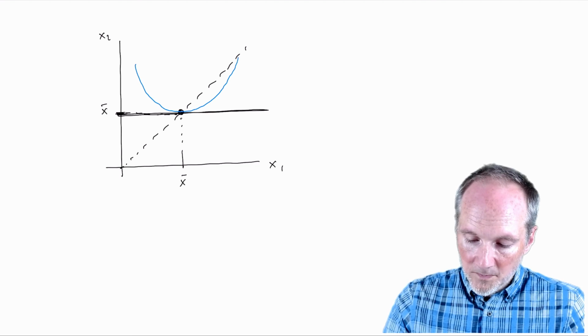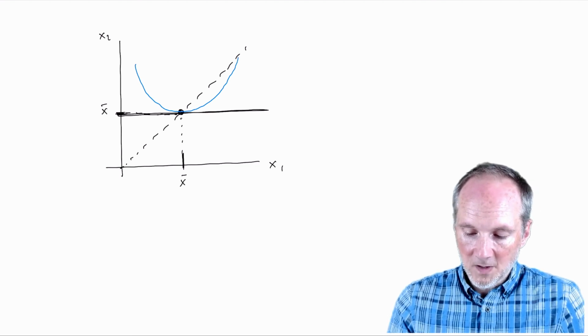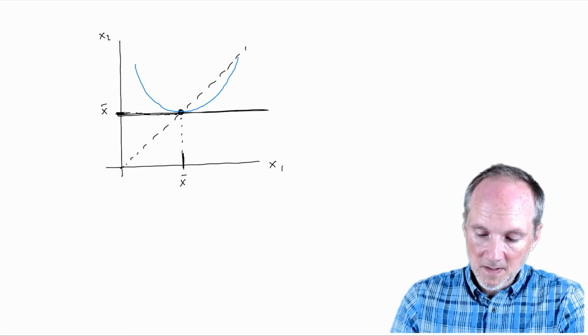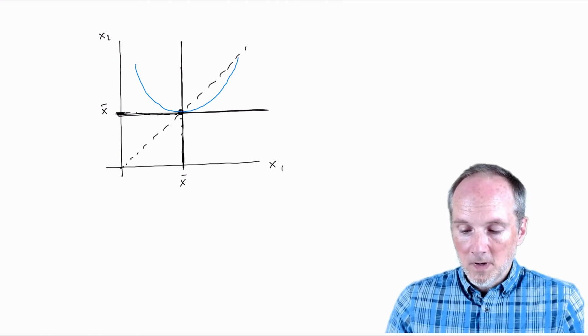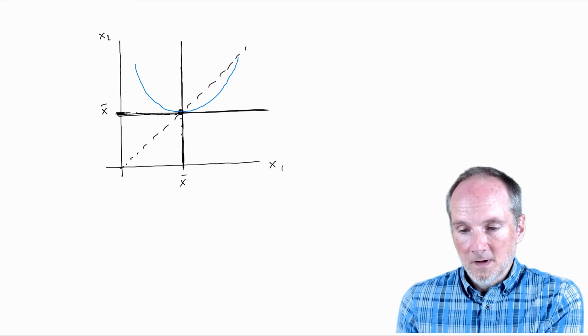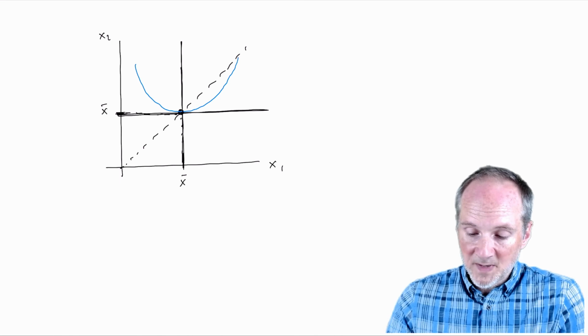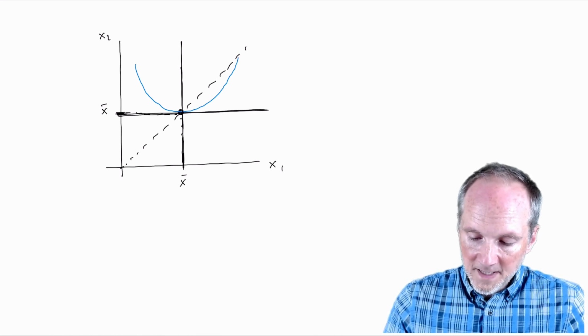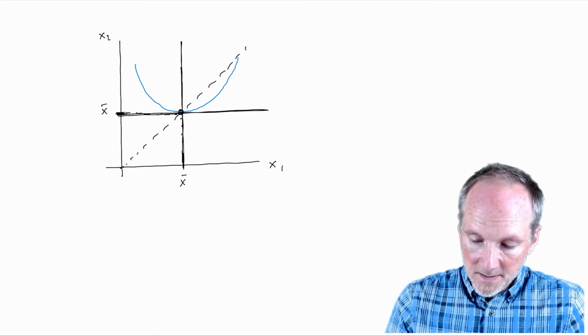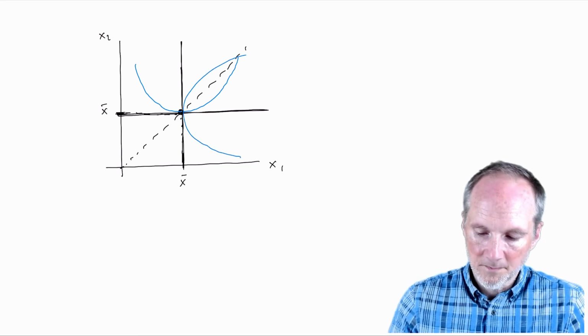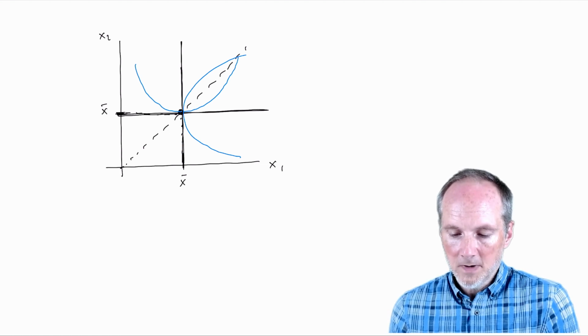Person 2 takes 1's activity level as fixed at x bar and can choose any x2. So they can choose anything on this vertical line. Now, their indifference curves are the same as person 1's, but just reoriented from their perspective. And so they're going to have a tangency as well. And their indifference curve will look something like this.